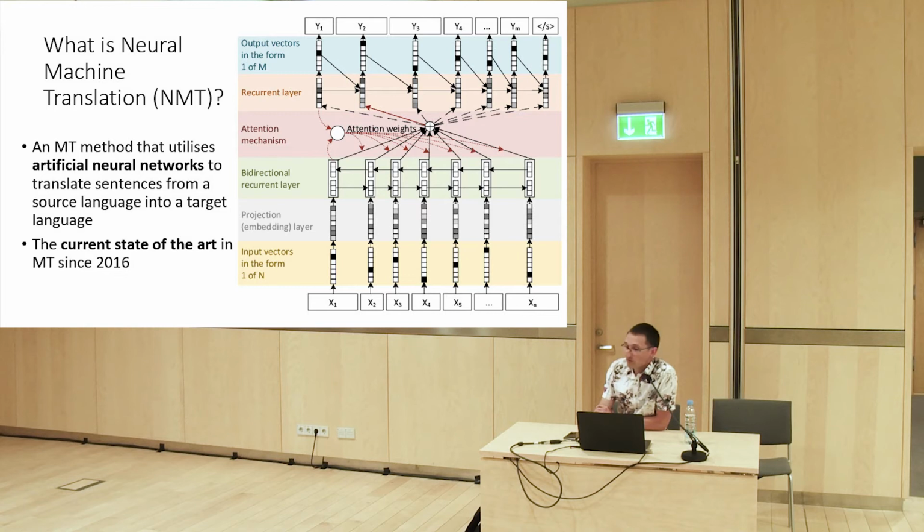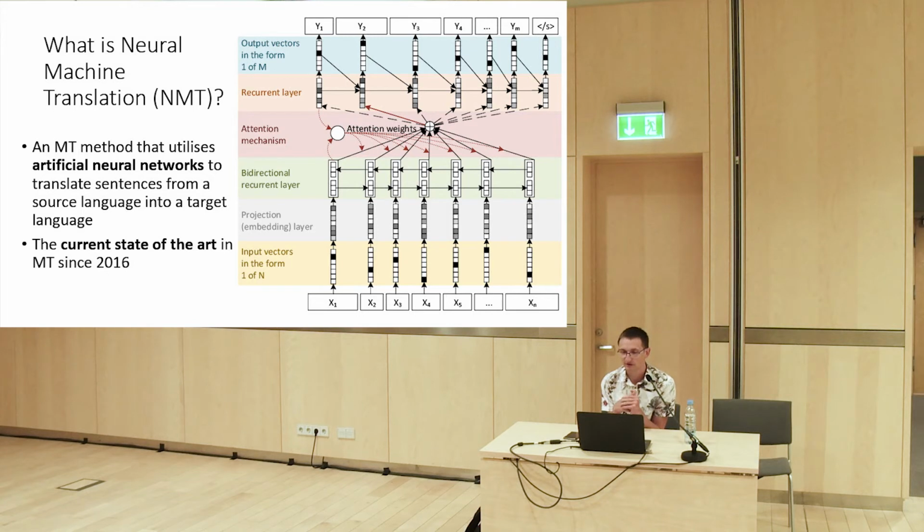Here you see an example of how a neural network looks for machine translation. Machine translation is a sequence generation task. We have an input sequence as words in a sentence. A sentence consists of one or more words, which constitute a sequence. And the translation also consists of one or more words, which also is a sequence.